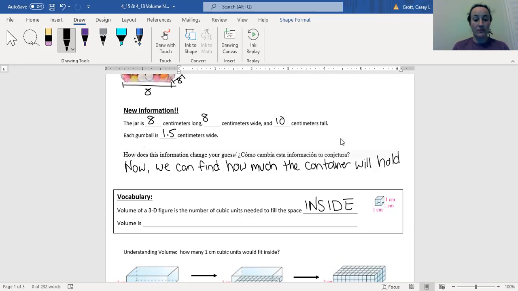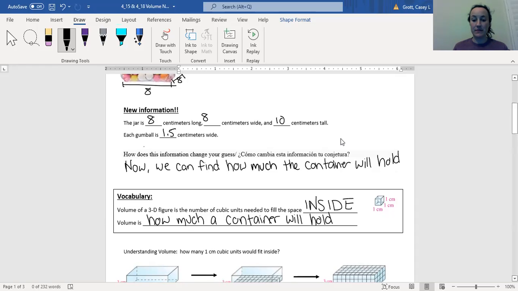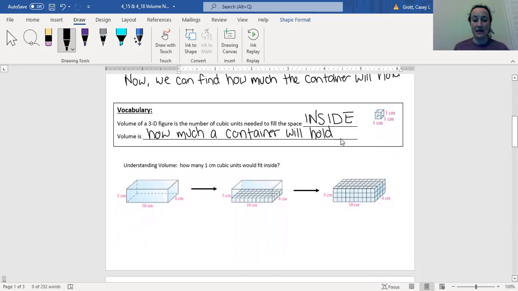So volume is how much a container will hold. And again, we're talking the inside. How much will fit inside a container, whether that's a prism, a cone, a cylinder, a pyramid, a sphere, how much fits inside.